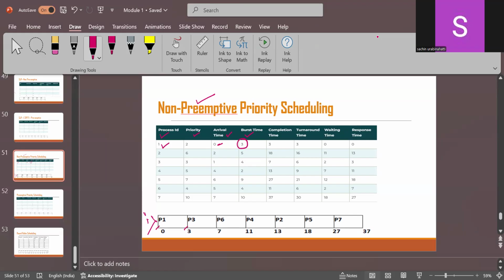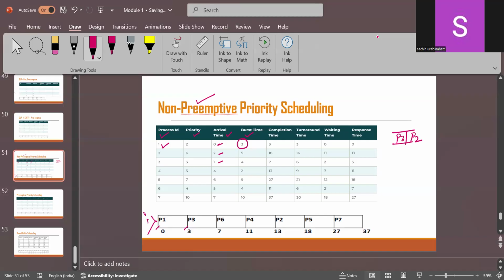The arrival time of process P2 is 2, and process P3 is 1. So P2 and P3 already exist in your ready queue. The first is P3, and after that P2 came into the queue.